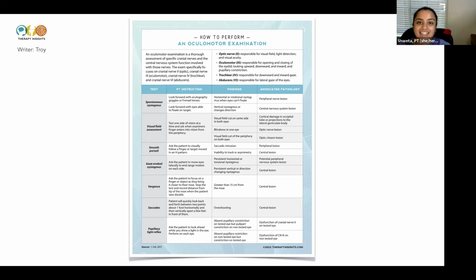Well, Troy, I think this is pretty neat, and the way you've put in what are the findings with it and what could be the associated pathology in one page is a great reference.